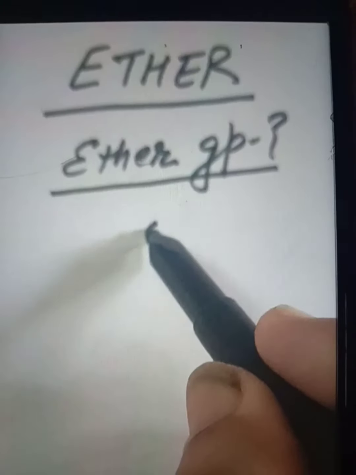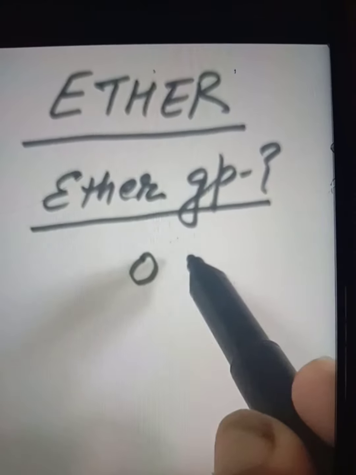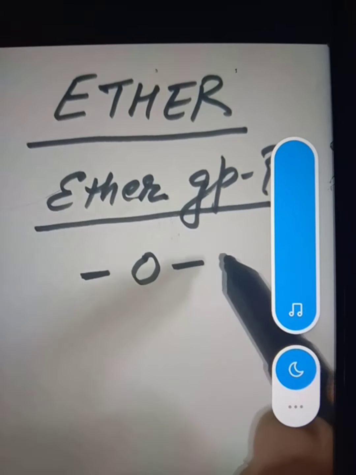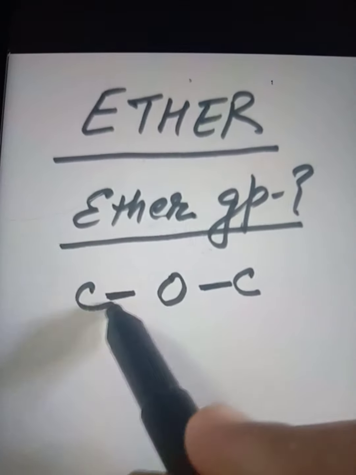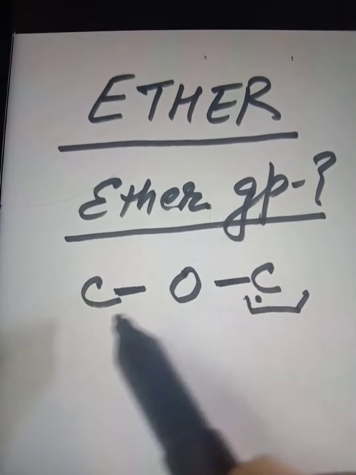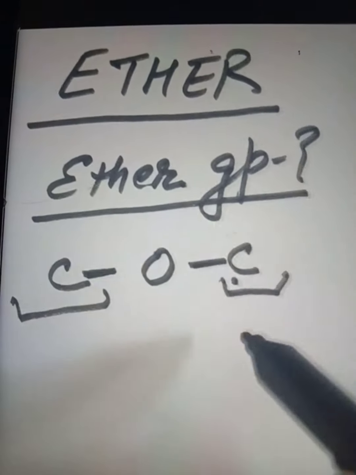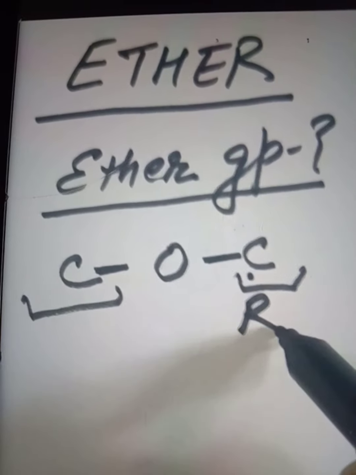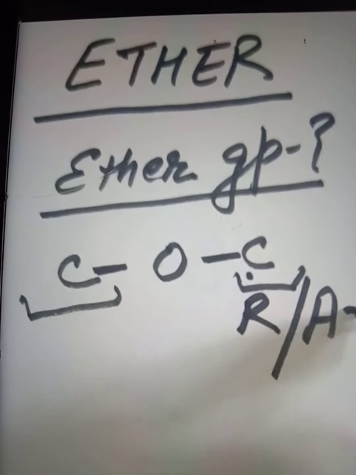When an oxygen atom is bonded to the carbon atoms on either side, and these carbon atoms are of alkyl group or of aryl group.